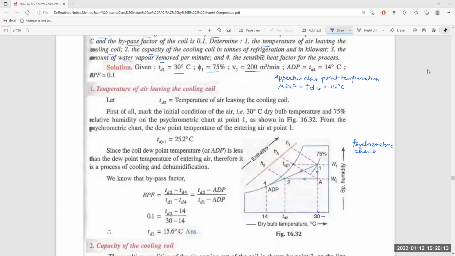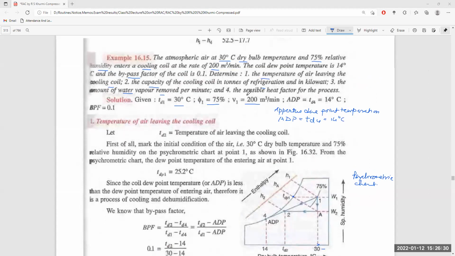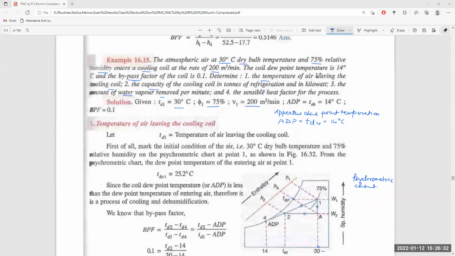Now, TD4 is the apparatus dew point temperature, which is given as 14 degrees centigrade, so we put it here.